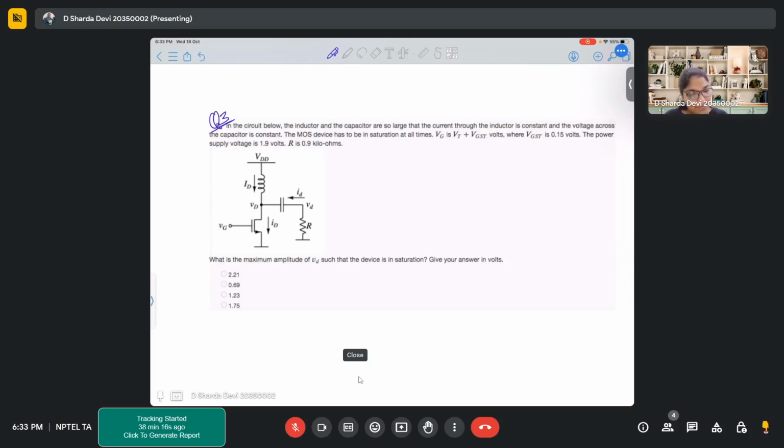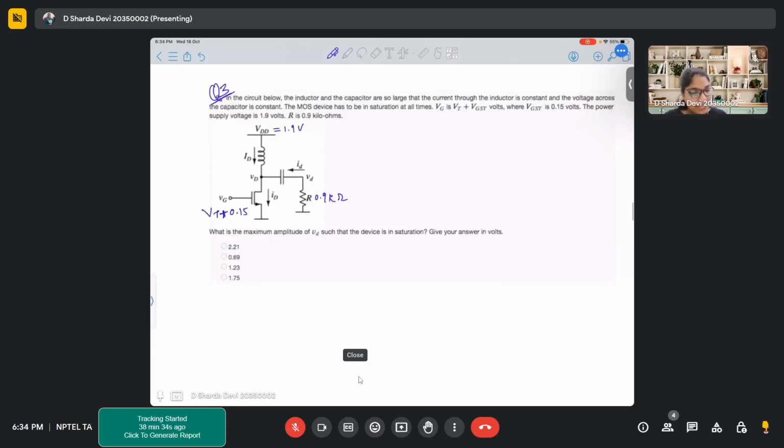Power supply VDD is 1.9 volts, R is 0.9 kilo ohms, and Vg is Vt plus 0.15 volts. What is the maximum amplitude of Vd such that the device is in saturation?